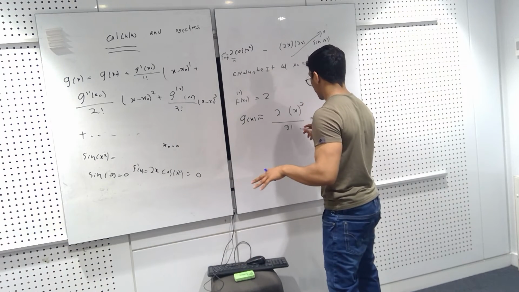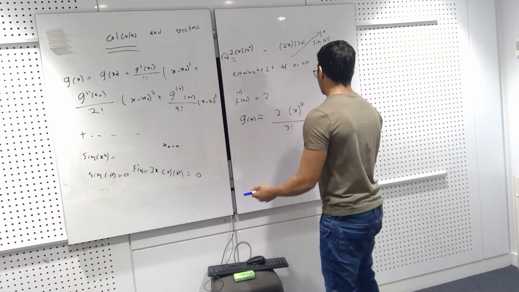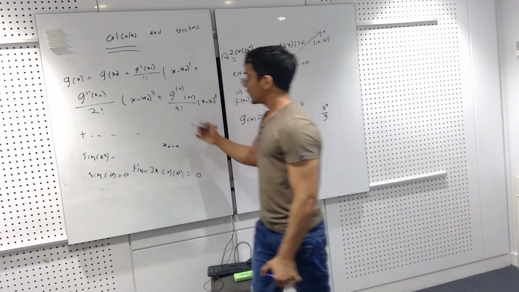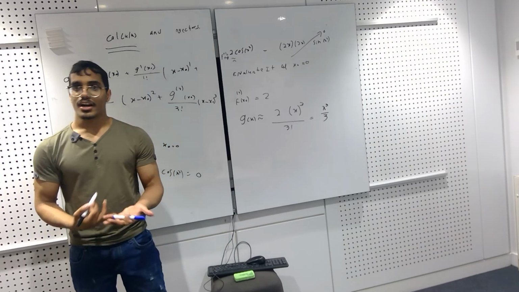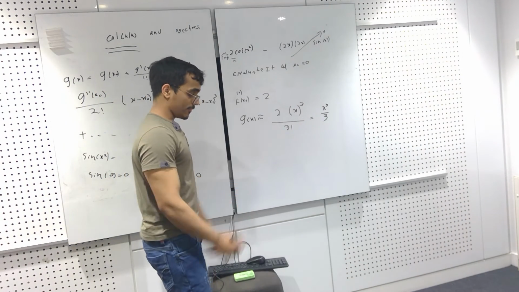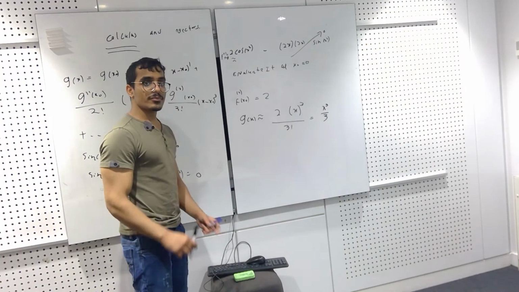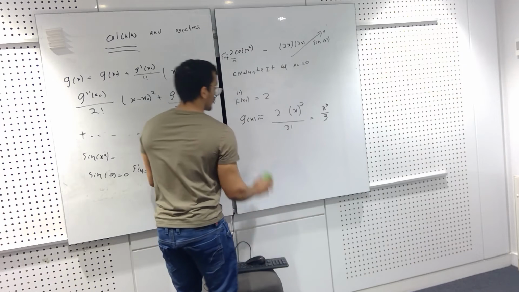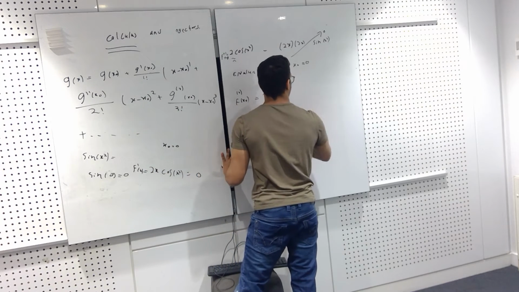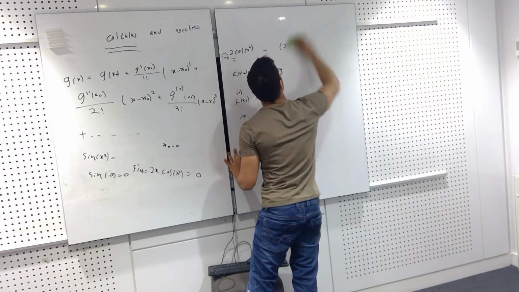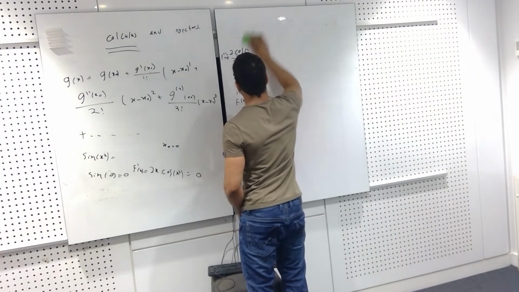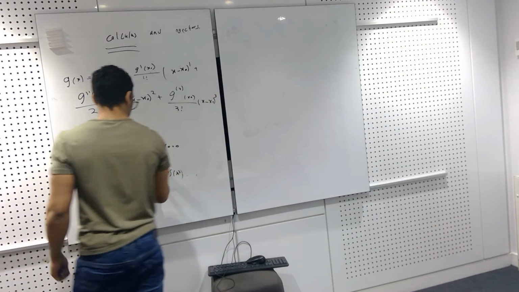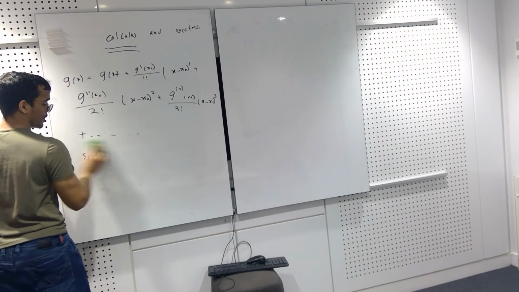For this thing, it will be 3 times 2 times 1, which will leave us with x squared divided by 3. So this is the first term, and you can go to higher terms and find the overall Taylor series. This is the second application, and the most important application of the derivative in 1D: finding the Taylor series about a specific point.